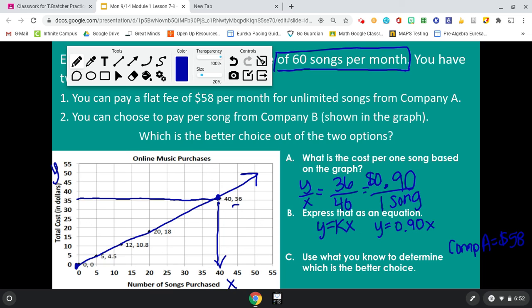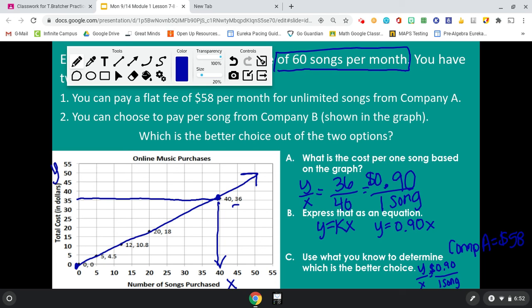Remember, it's 90 cents for every one song. Think about whether you're going to multiply by the constant of 90 cents or divide. Let's use our saying: if I need my Y, I multiply, which is what we're doing here, because 60 is our X value.